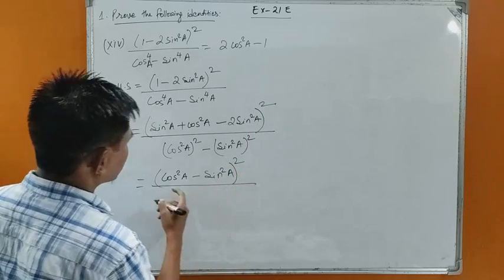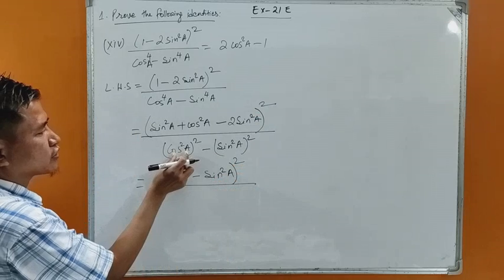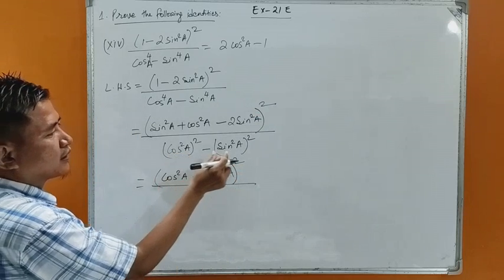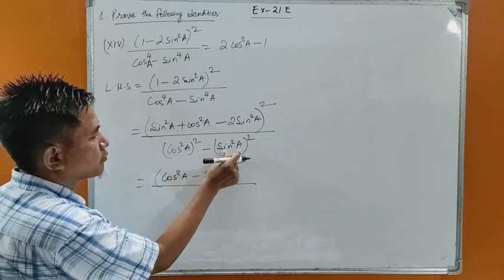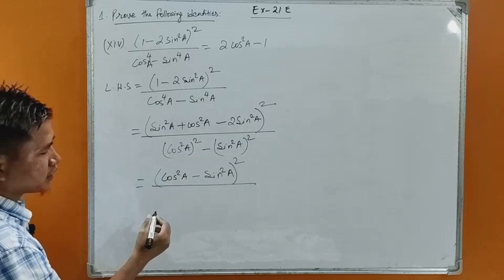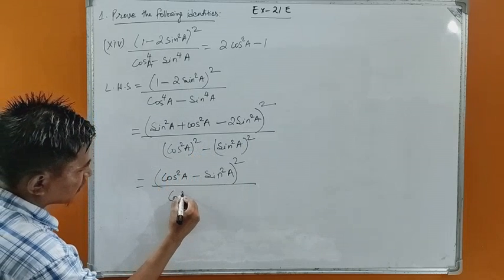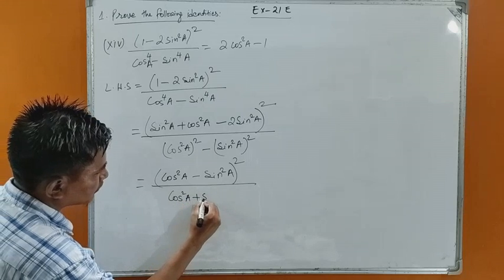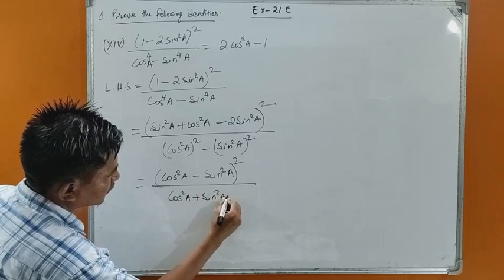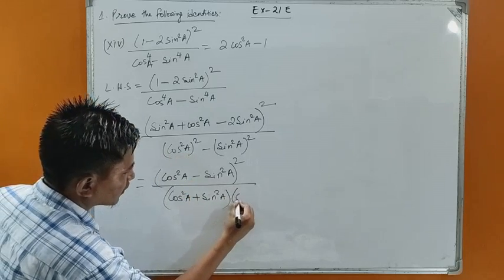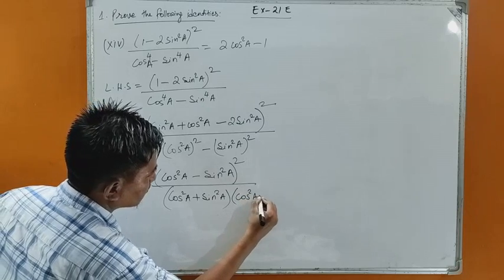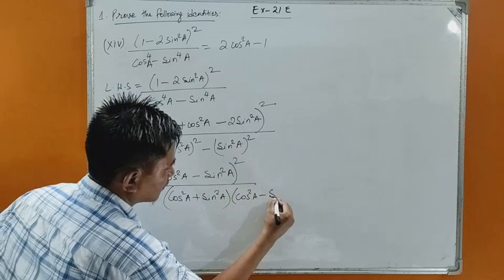In the denominator, let us assume this cos square a as a and sine square a as b. So a square minus b square is (a plus b) into (a minus b), isn't it? A is cos square a, b is sine square a.